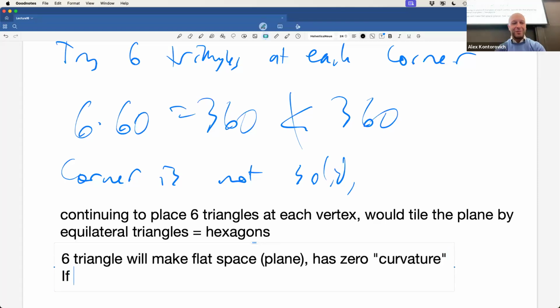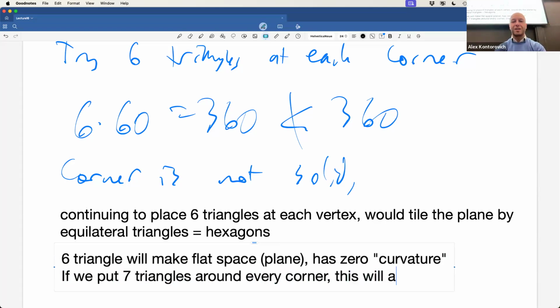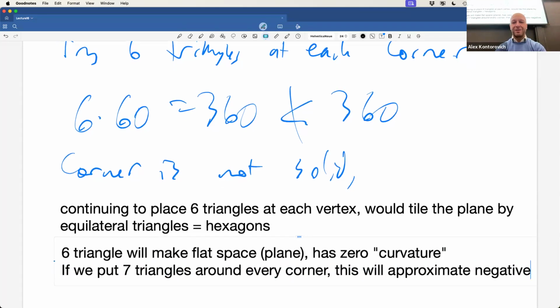But 7, if we put 7 triangles around every corner, then this will have negative curvature. This will approximate negative curvature, the hyperbolic space.